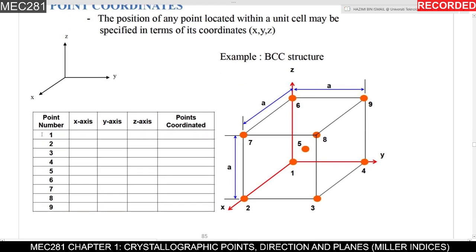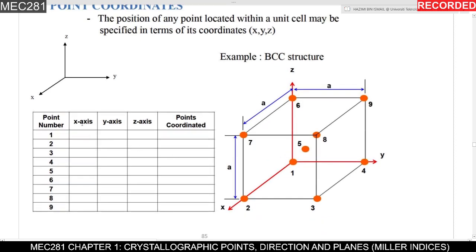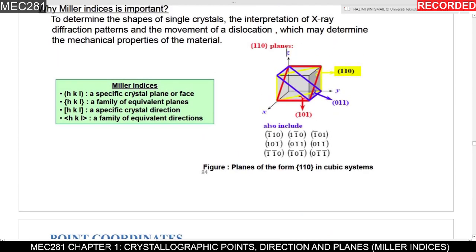The point numbers 1 to 9 are over here. Let's write down the x, y, and z axes and the point coordinates. This is the point coordinates in x, y, and z, the Cartesian coordinates. But it is not yet the Miller indices.